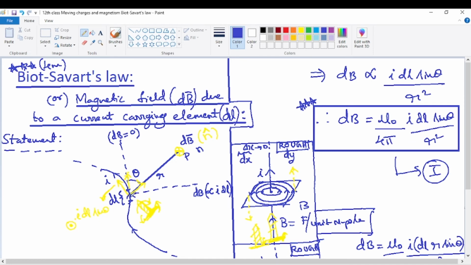I said I'll remove the yellow color. So this is the original dl bar, which was not visible until now, even a minute before, because of the yellow color additions, the vector components.